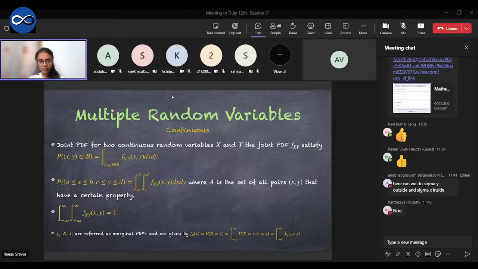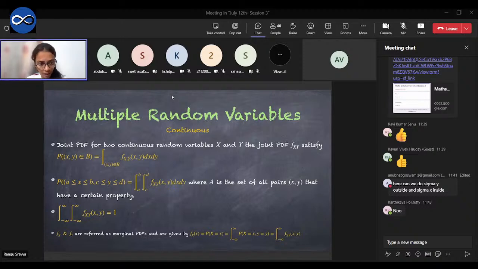Here, as we have two random variables, to find the probability that (X, Y) belongs to B, we need to double integrate the joint PDF over the given region. The only difference is that there we integrate once, and here we integrate twice, once on x and once on y.